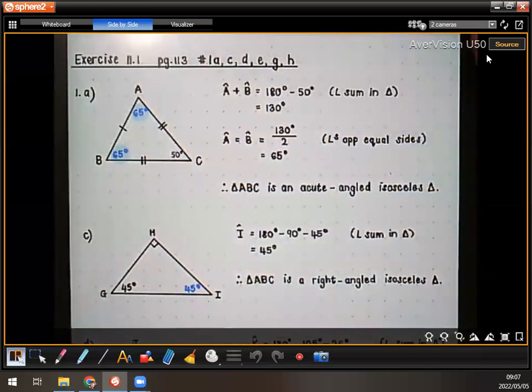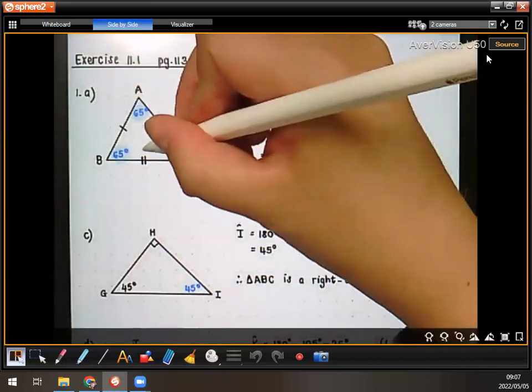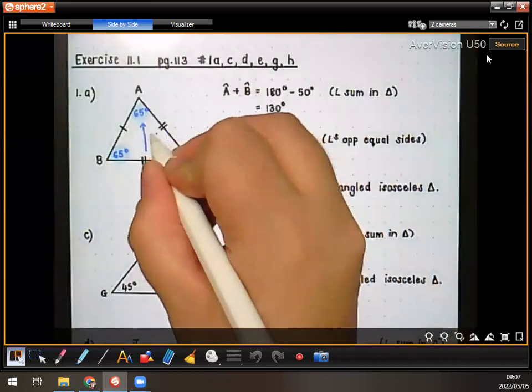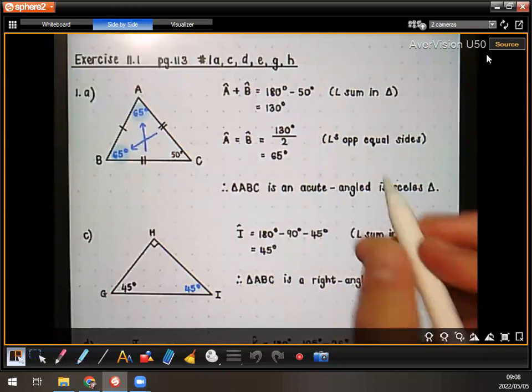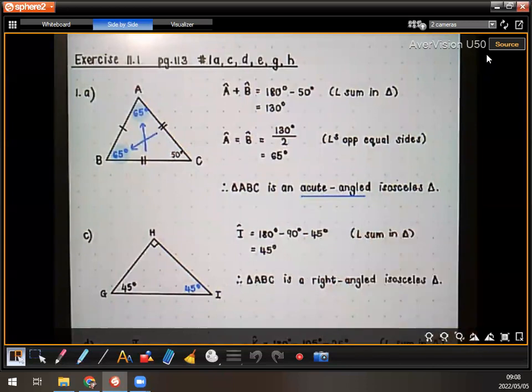Remember yesterday we spoke about isosceles triangles and the fact that the angles opposite the equal sides have to be equal. Yes, right? Yep, you can't do this classification if you don't have those angles. So you have to calculate them.